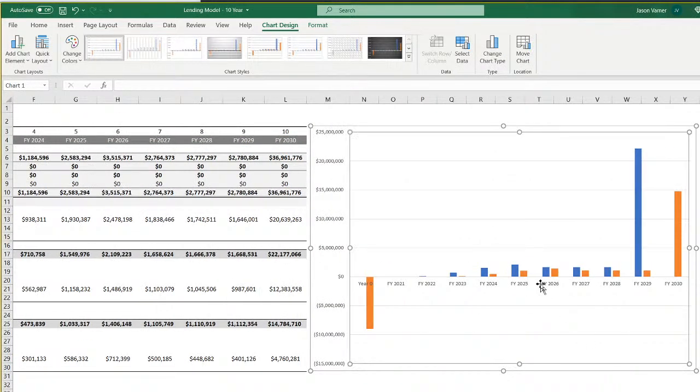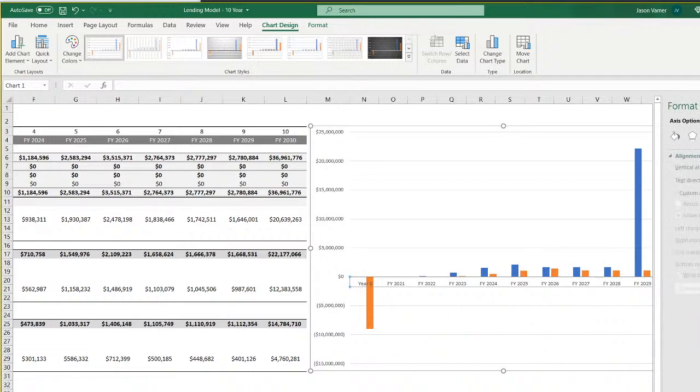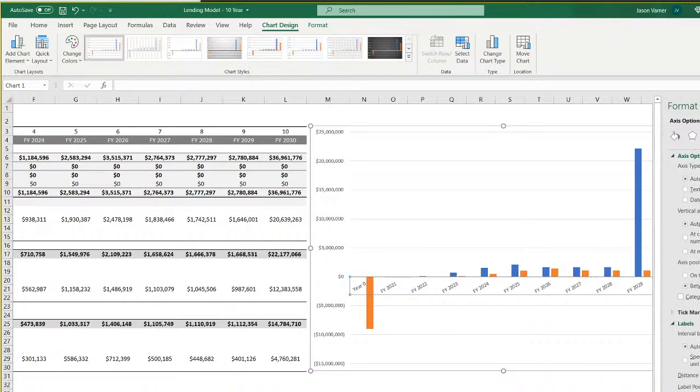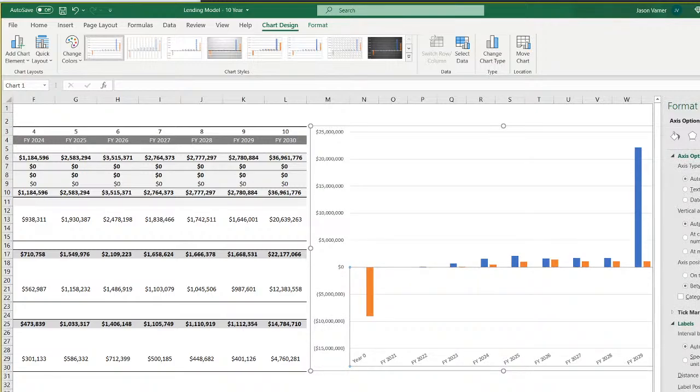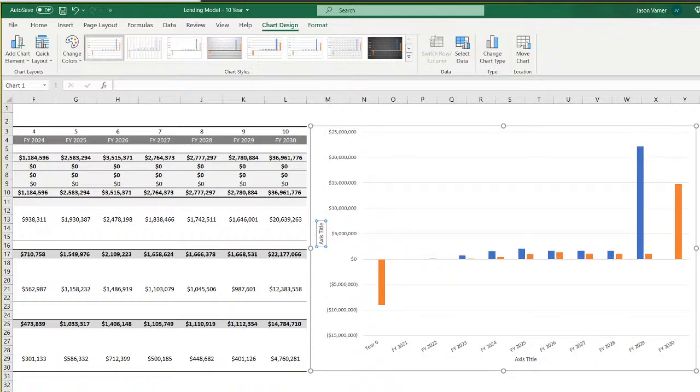Now formatting. Negative 30, and we want this to be low on the axis. We'll do a title and a legend.